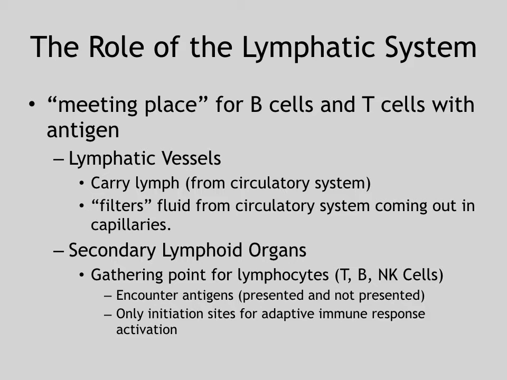So in order for a true full-blown memory cell antibody immune response to occur, we have to have the antigen met twice. It has to be met by presentation from a macrophage or dendritic cell, and it has to be met with presentation from a B cell who has phagocytized that antigen in the lymph node itself.